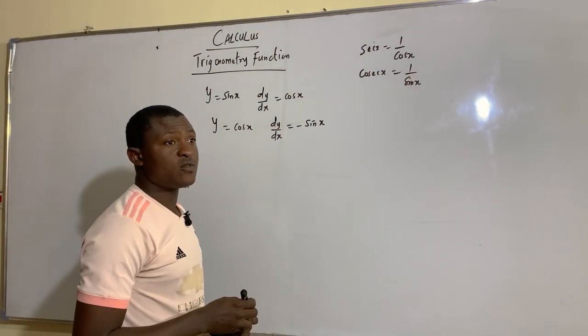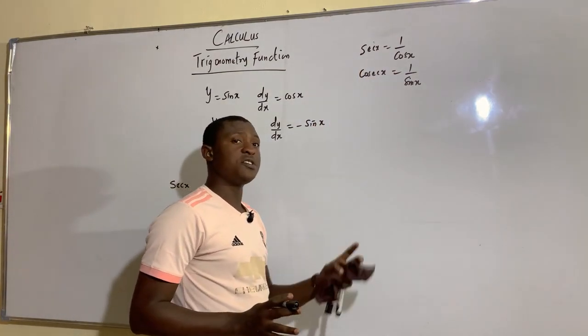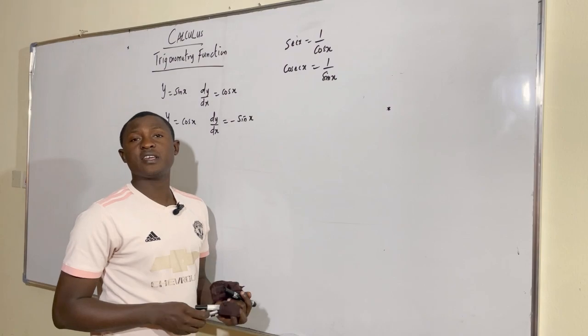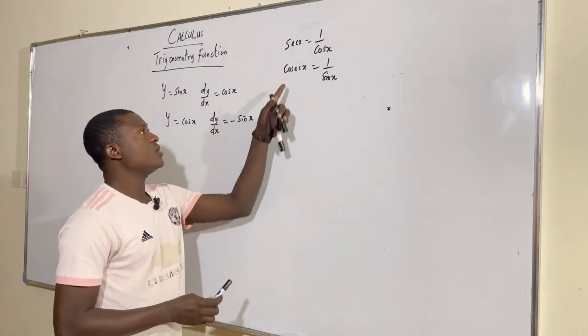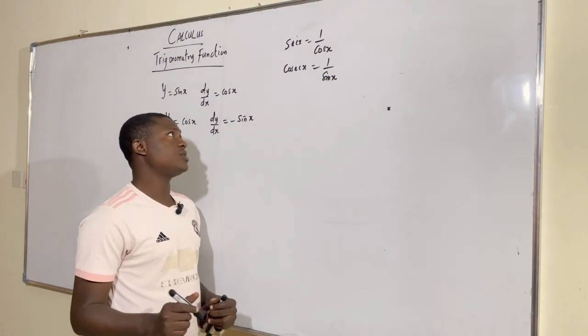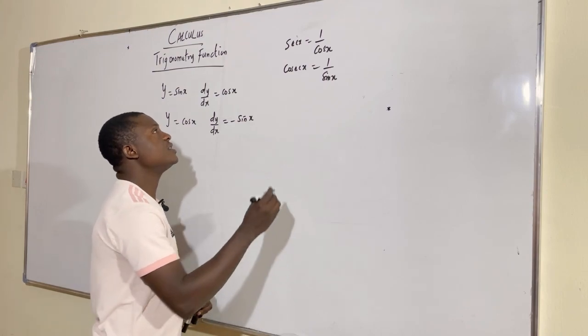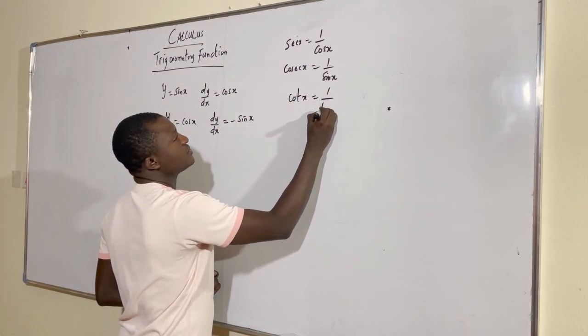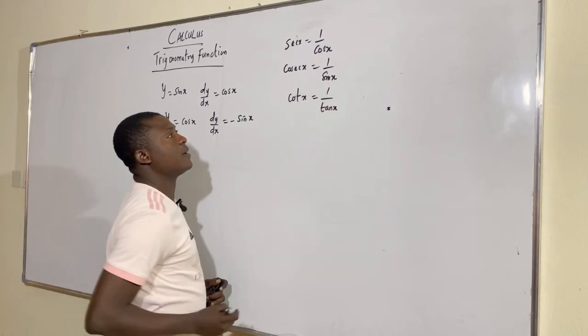You have to master all these identities, please. This is not differentiation, but just a normal identity that we have in math. Sec x is nothing but 1 over cos x, cosec x is nothing but 1 over sin x, and cot x is nothing but 1 over tan x.